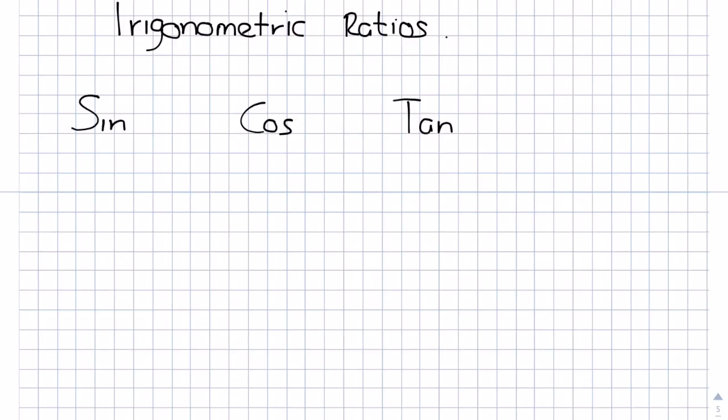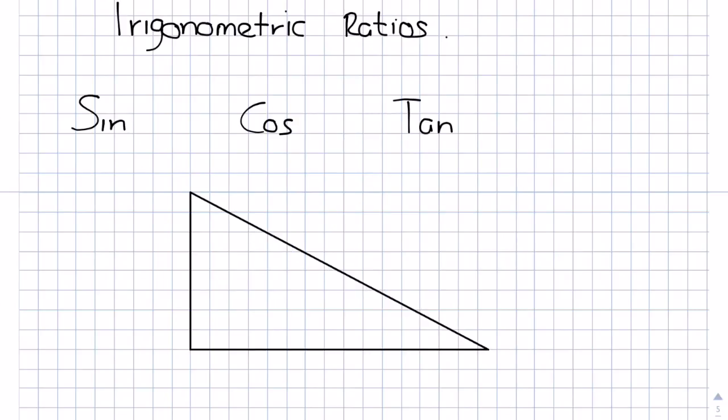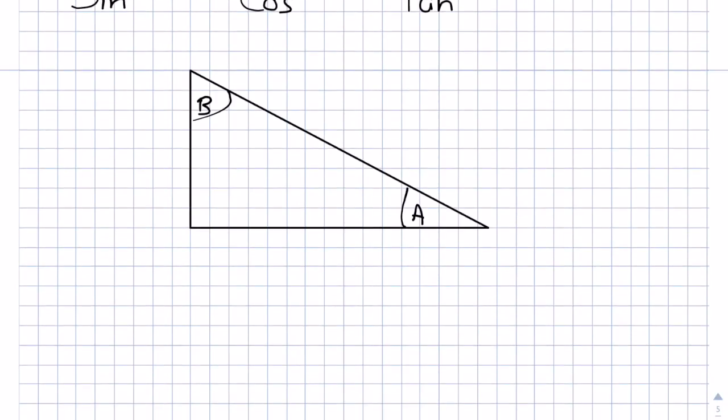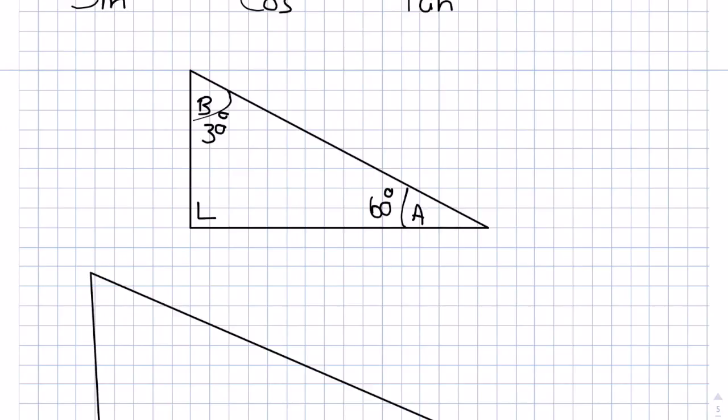So we have three ratios, sine, cos and tan, and the important thing about them is that if I have a right angle triangle, no matter the size of the triangle, it's the angles that determine the ratios. It's only the angles. Like I can have an angle here of 60 and an angle here of 30, making this 90. And even in a larger triangle, I know this isn't drawn to scale or anything, but if this angle is 60 and if this angle is 30, well then the ratios are going to be the same.